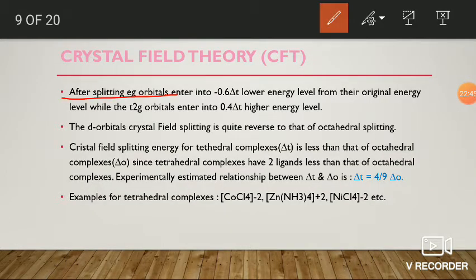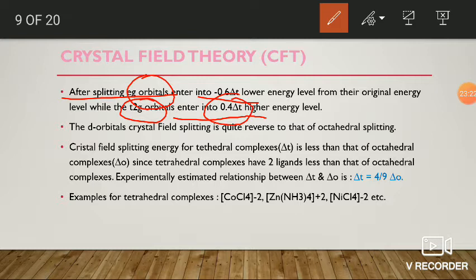After interaction of the ligands with the central metal ion, the splitting of the orbitals takes place. Then the eg orbitals enter the lower energy level, having minus 0.6 Δt energy, but the t2g orbitals enter the higher energy level, having 0.4 Δt.